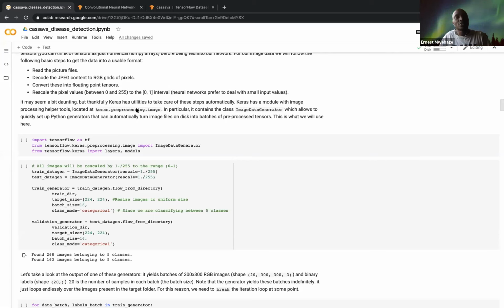Normally it's advisable to convert that into a range of 0 to 1, because these convolutions deal with very small numbers, and you want small numbers in your model for training.